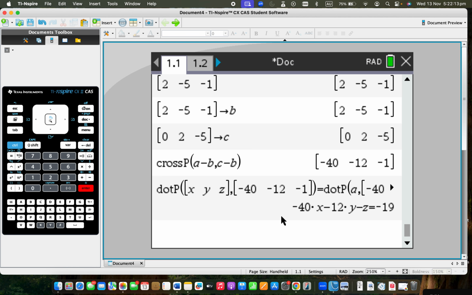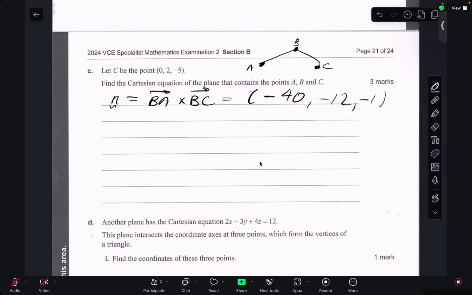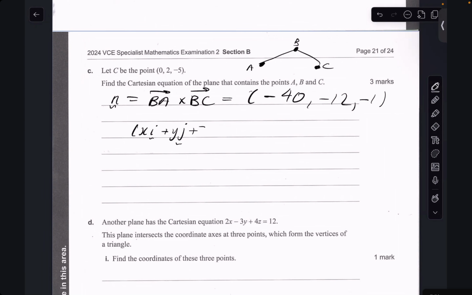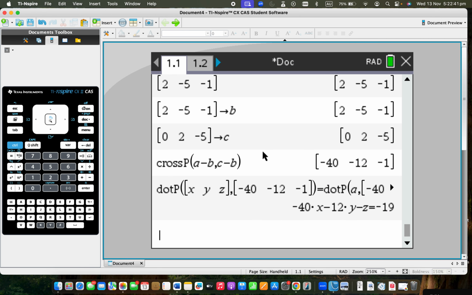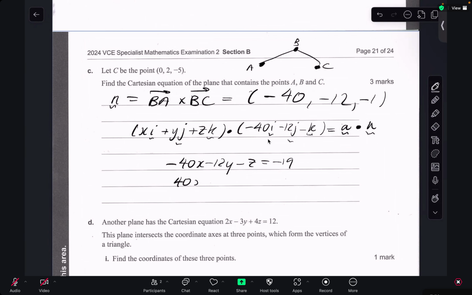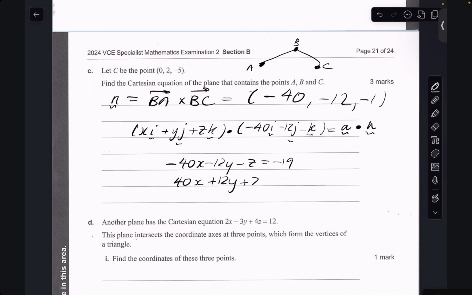Okay, so I'll just write some more working out because it's 3 marks. I already said that's n. Okay, so that means that -40x minus 12y minus z is equal to -19. 40x plus 12y plus z is equal to 19.